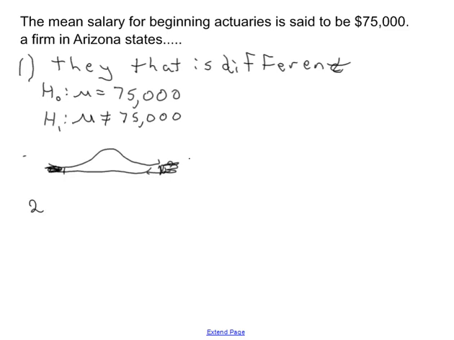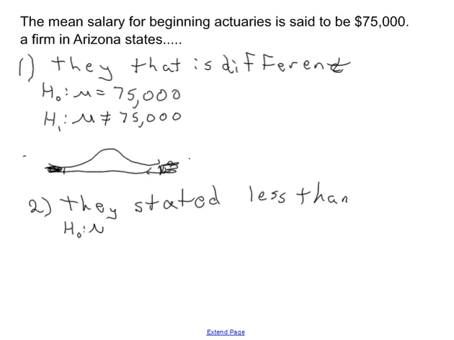A second scenario would be they stated that it was less than. So they think that the actual value is less than the 75,000. The null hypothesis is still mu equals 75,000. This textbook uses strictly equal to for every one of their null hypotheses.